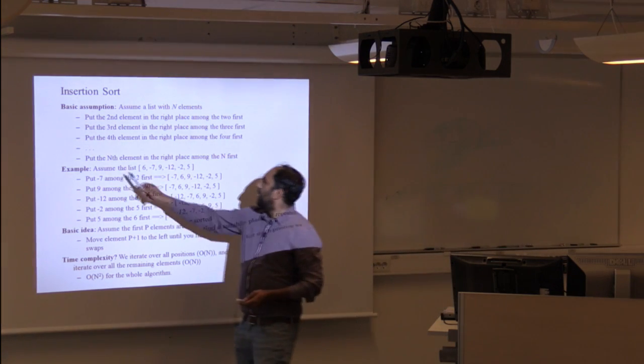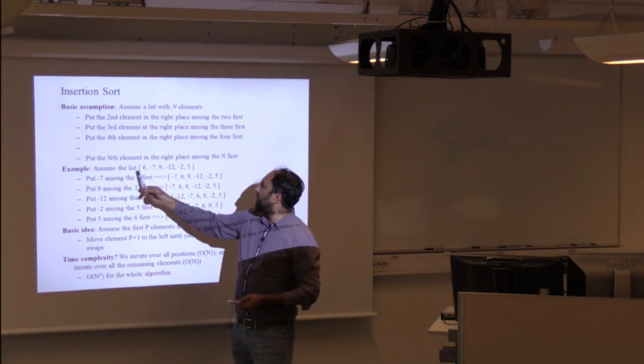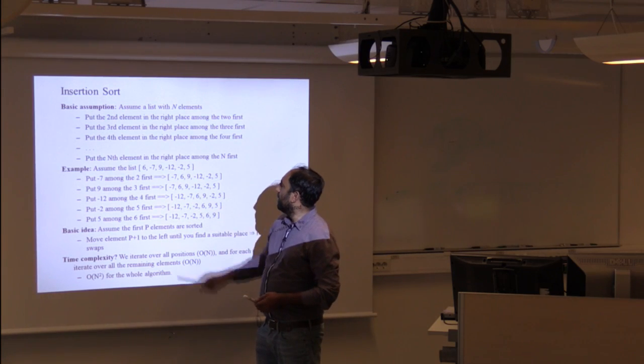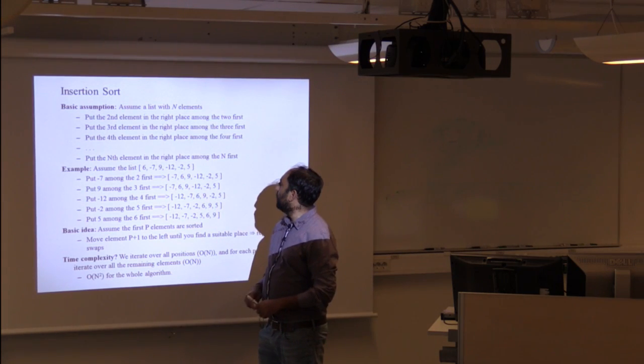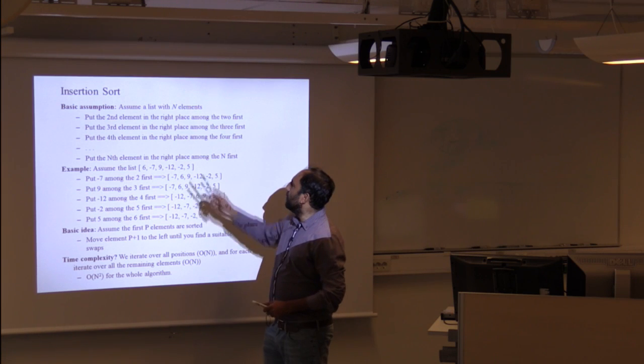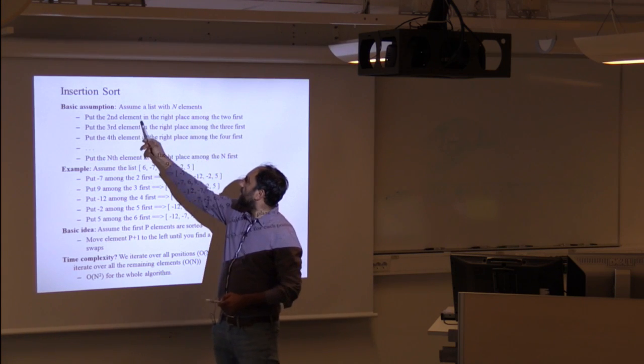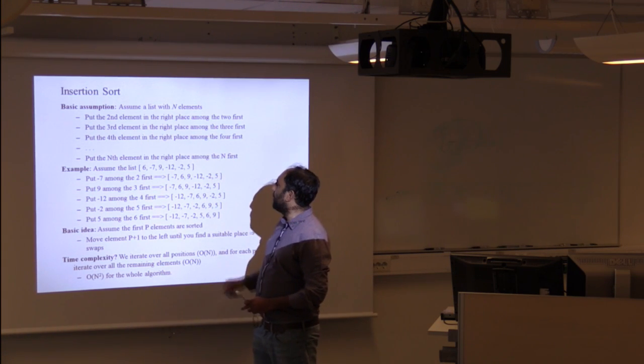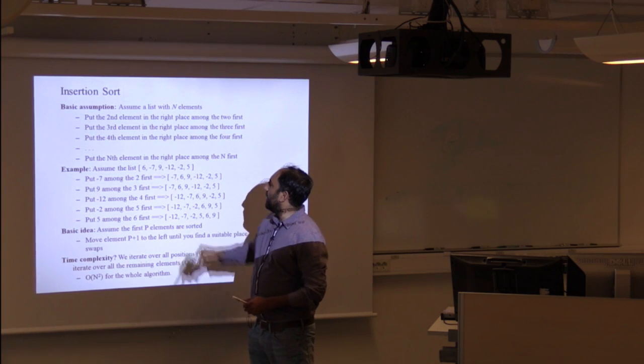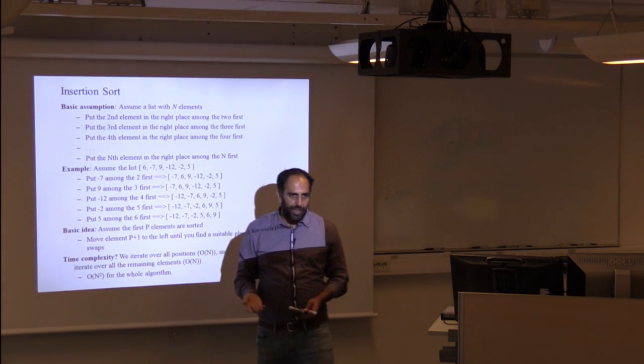Let's say we have a list here, 6, -7, and we want to sort it. The algorithm says to put the second element in the right place. So start from the second element and see if it is at the right place or not.